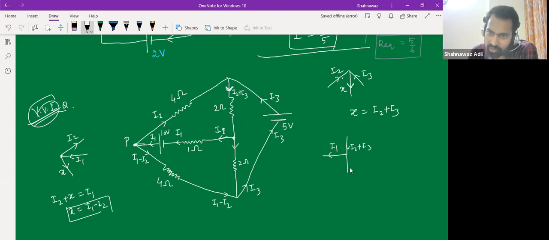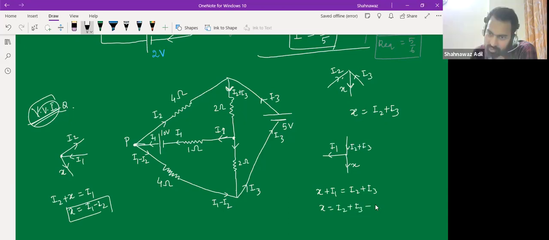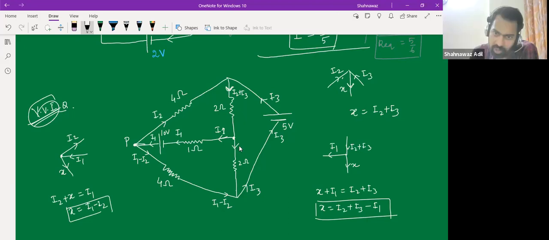So X would be how much? I2 plus I3 minus I1. Clear? Clear, guys? Okay.